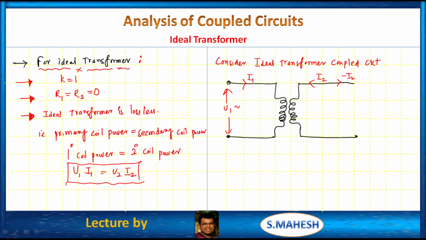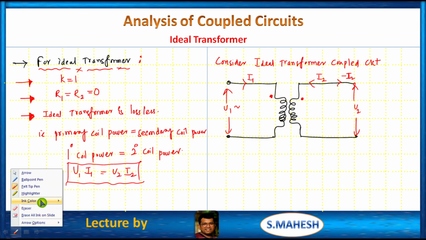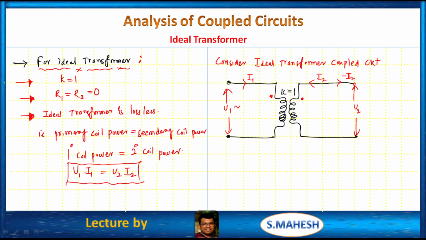You all know that if this is I2, this is minus I2. Let us say we have a load, and across the load we have a voltage. Then let us say this is the dot convention. Now we have a positive value of M, provided K is equal to 1.